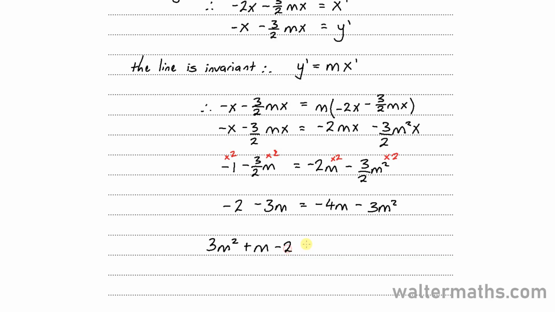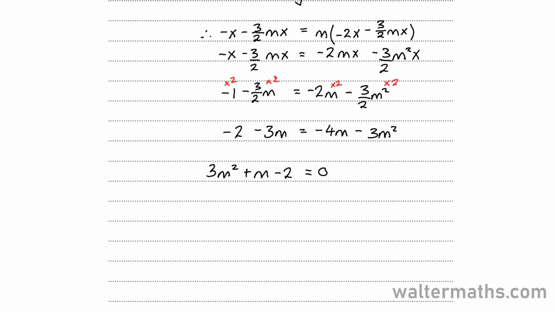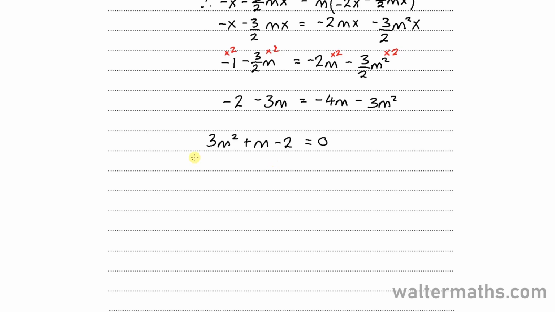And we have the -2 here already, so it's all equal to 0. Now we can solve for m by factorizing. So I'll factorize this. We have 3m here and we have m, and we should have a 2 here and a 1, then minus here, then plus. So this is the quadratic equation in m factorized.